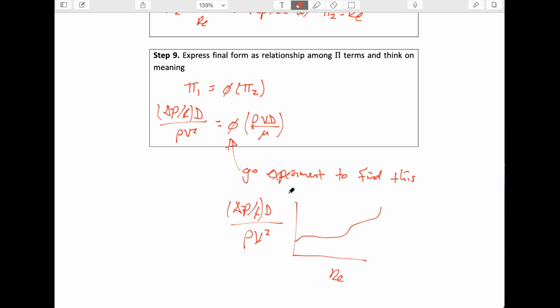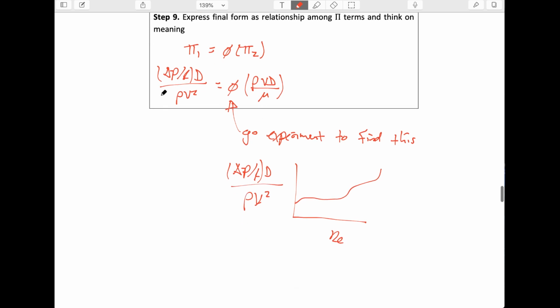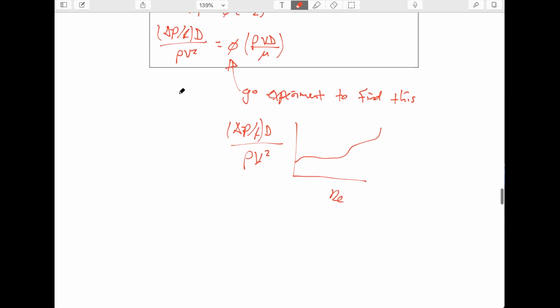And if you did that experiment and built this curve, you'd be able to then use that for any fluid as long as you calculated yourself in terms of Reynolds number and this whole thing. Now, why is that useful? Well, once we have this graph, we can say we're going to make a pipe that has a Reynolds number here.